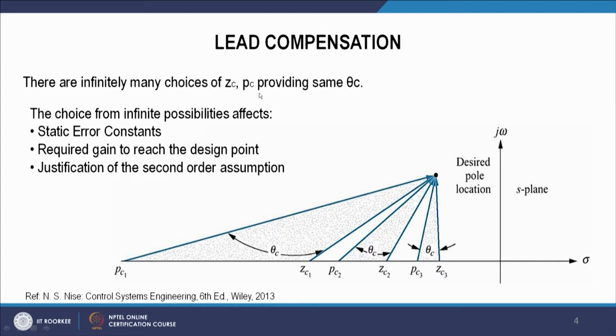So there could be infinitely many choices for putting the 0 and pole of the compensator that provide the same theta c. We will be able to get the desired transient response because we put the desired pole location, but the different choices will differ in terms of static error constants, the required gain to reach the design point, and the justification of the second order approximation.